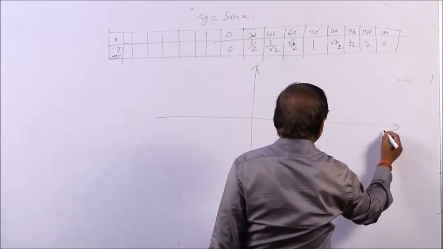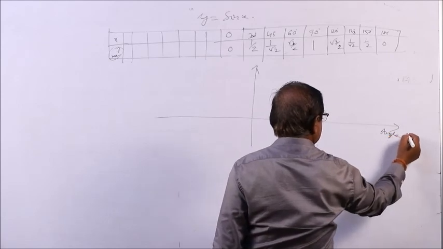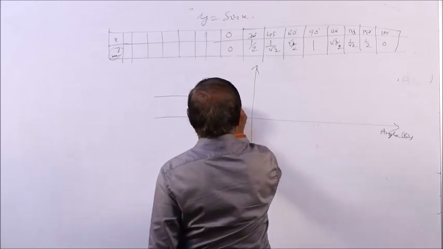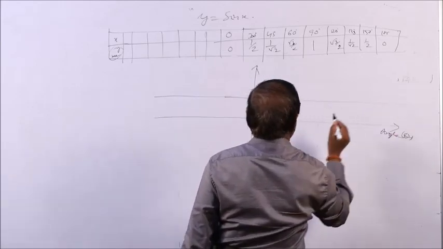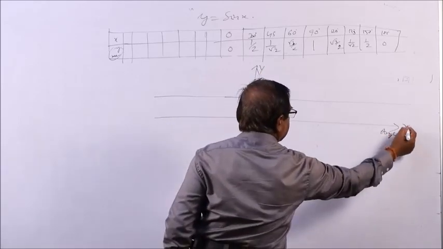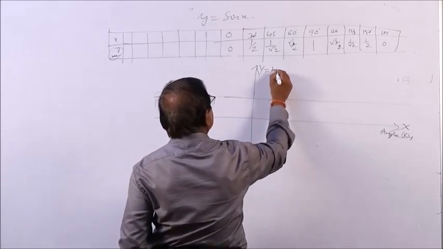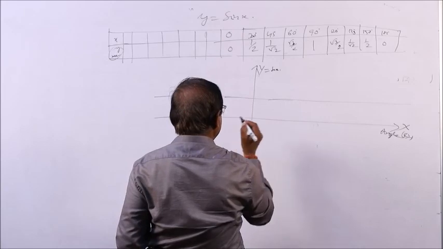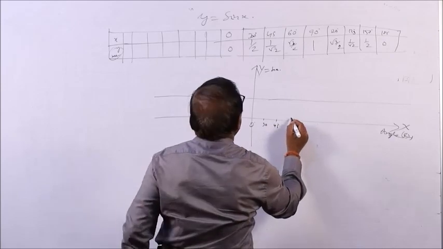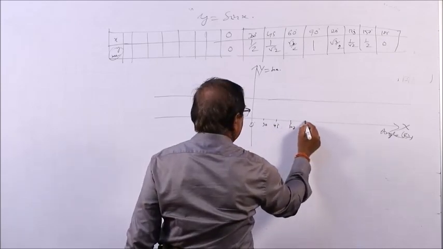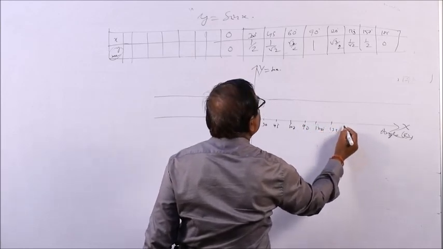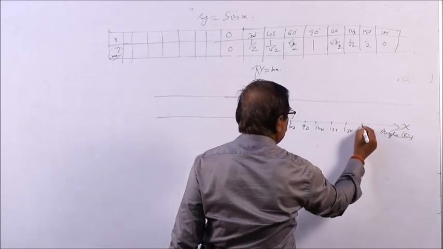This is the angle theta. Suppose this is the y axis, this is the x axis, y is sin x, you see, this is 0 degrees, say you will take 30 degrees, 45 degrees, 60 degrees, 90 degrees, 120 degrees, 135, 150, 180.